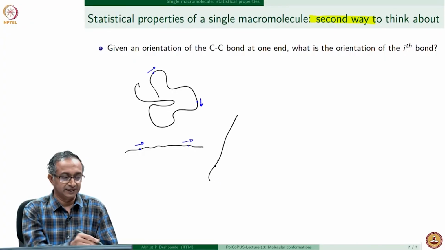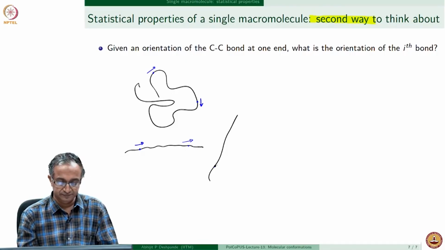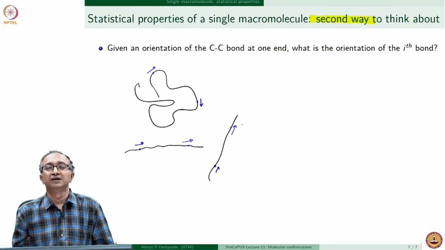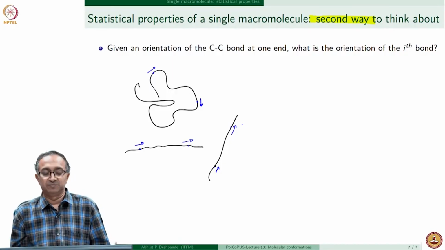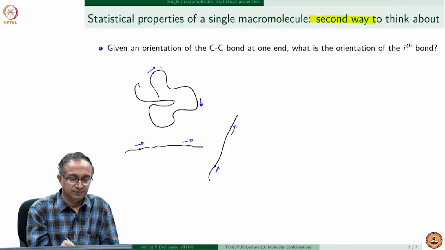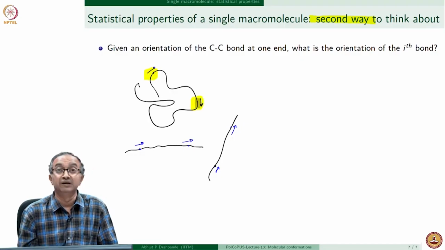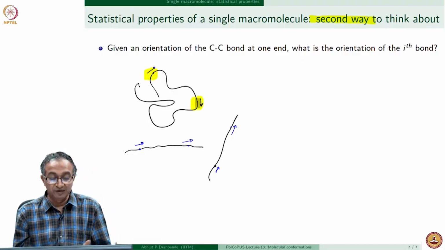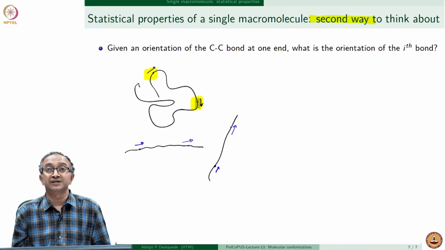But again, if I take a look at two different points, in a rod-like molecule there is always correlation between the orientation of one point and another point. But that's not the case for a flexible macromolecule. So by looking at this orientational correlation, we can think in terms of how flexible this macromolecule is, how easy conformational changes are in this macromolecule.